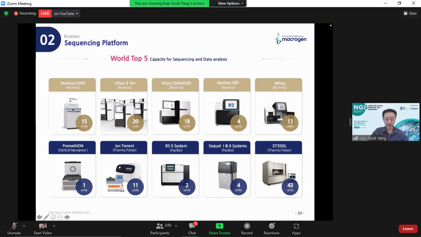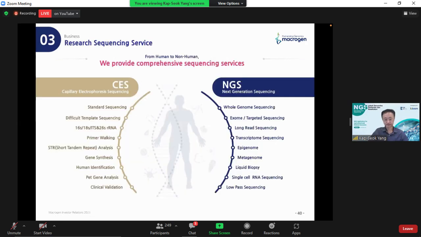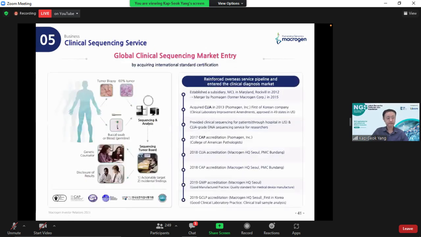Currently, we have 15 NovaSeq 6000s, many different smaller Illumina sequencers, PromethION from Oxford Nanopore, Ion Torrent from Thermo Fisher, PacBio RS II, Sequel, and 3730xl. These are the list of products in CES sequencing and NGS sequencing. We also have the low-pass sequencing product.